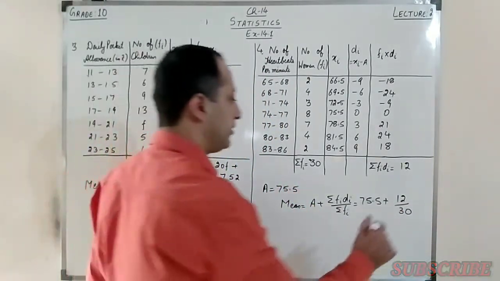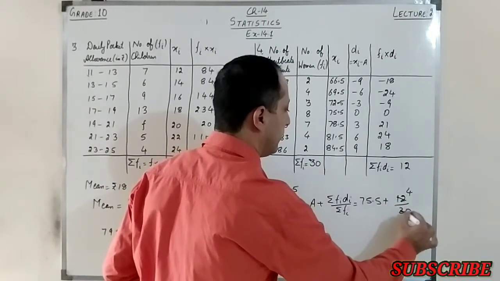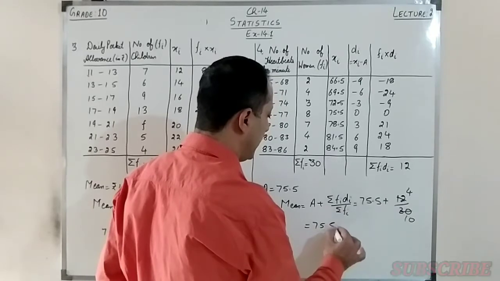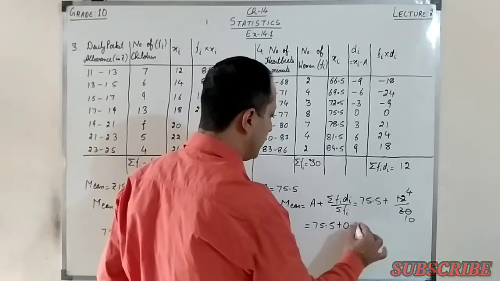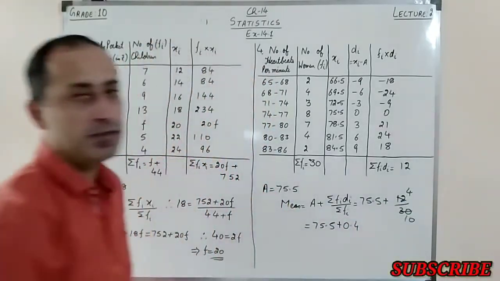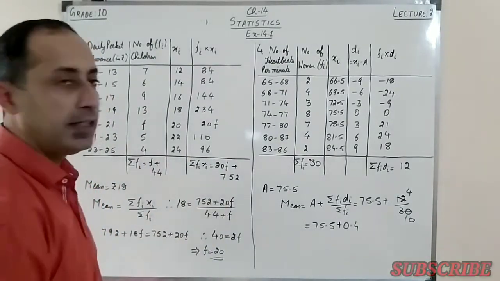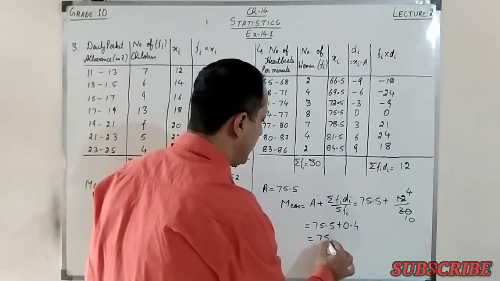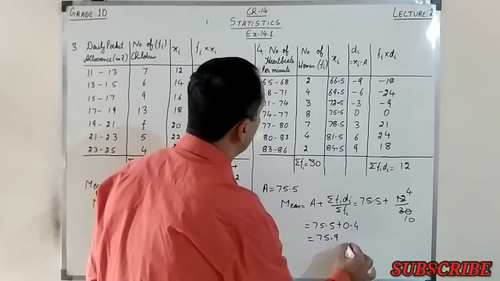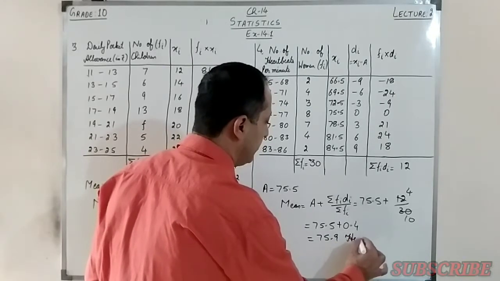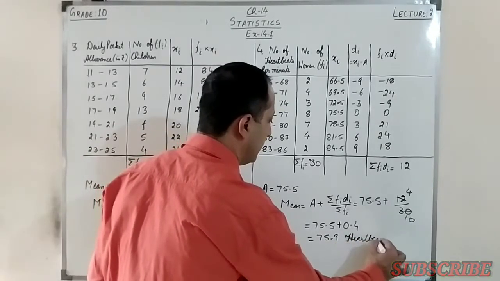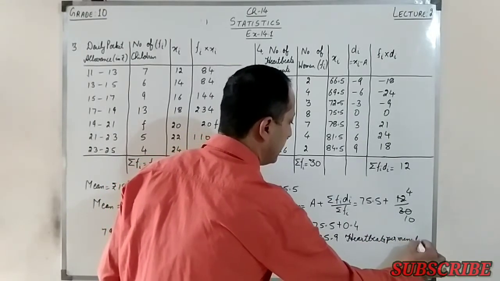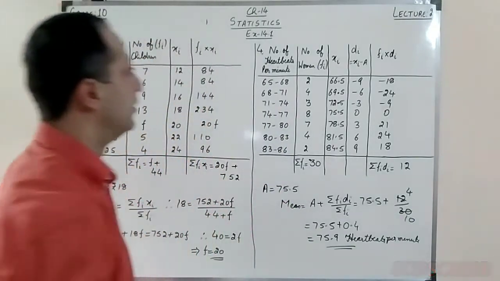So we cancel out, 3 4s are 12 and 3 10s are 30, and this will be 75.5 plus 0.4. We're not cancelling further because dividing by 10 is much easier than dividing by any other number. So just put the decimal, and we get the answer as 75.9 heartbeats per minute. So this is the solution of question number 4, right?